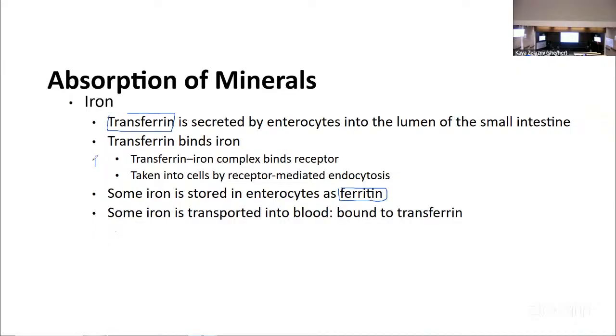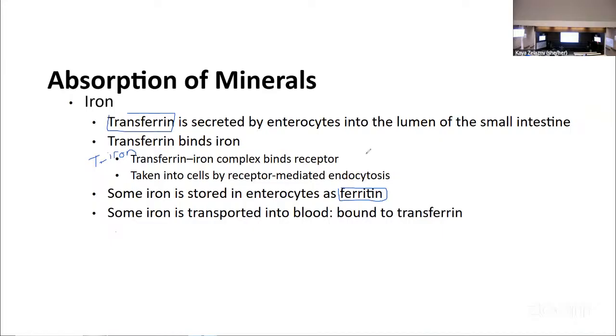So we've got this T iron is how we had it listed on our slides when we were talking about red blood cells, right? So that transferrin part is coming from our enterocytes, the small intestine. It's basically the lining of the small intestine. The transferrin binds to the iron, and then we can absorb that complex through endocytosis.